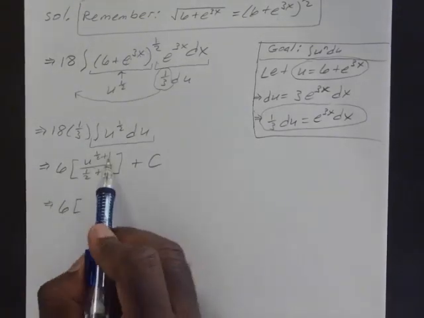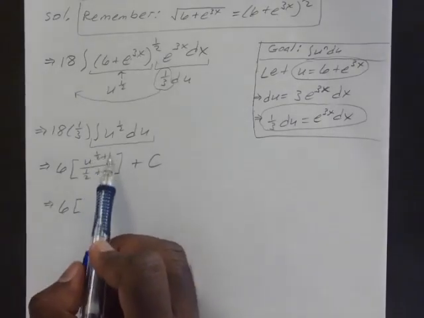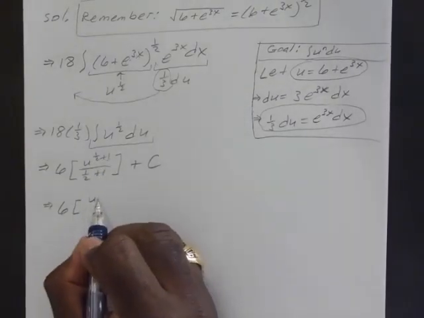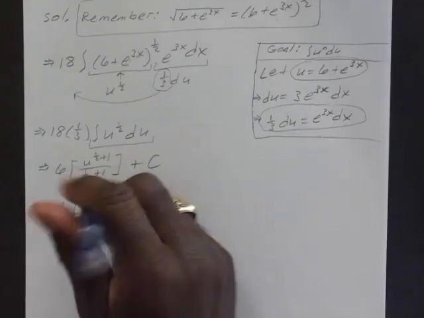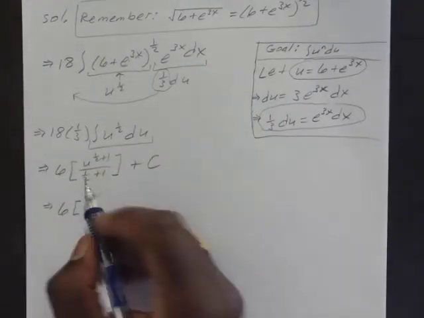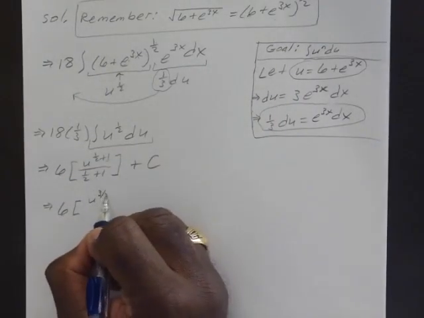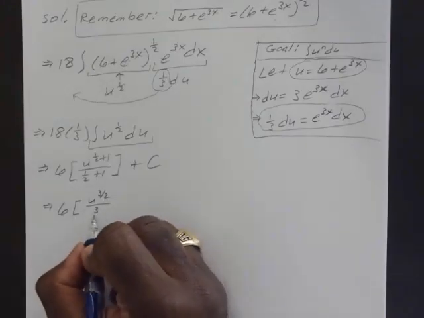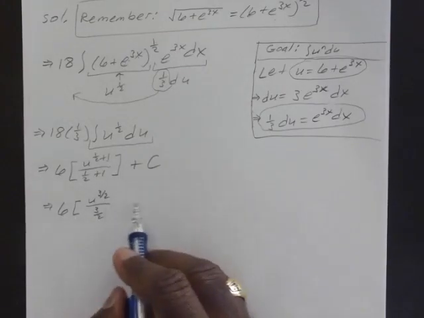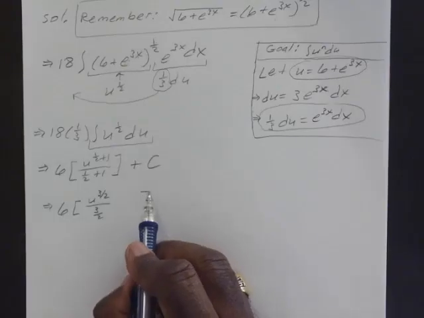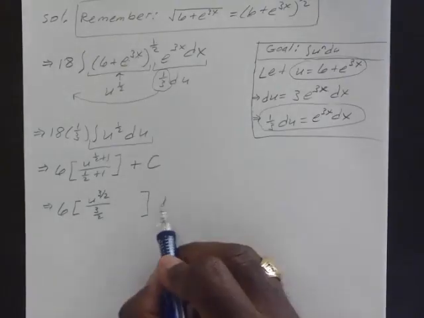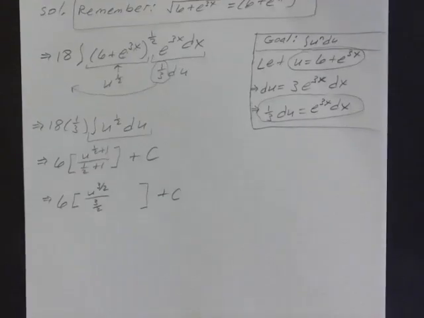So 1/2 plus 1, we can say 1/2 plus 2 over 2, which is u to the 3/2 power divided by 3/2. And leave a little bit of room after that because we want to get rid of that 3/2 in the denominator.